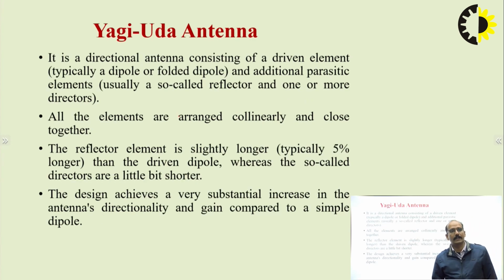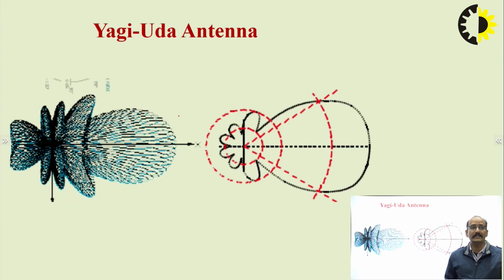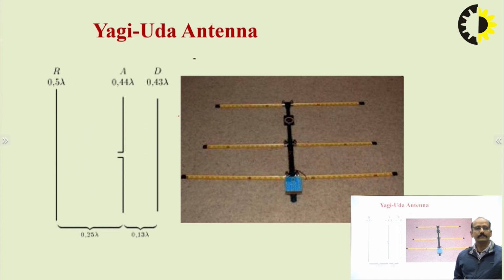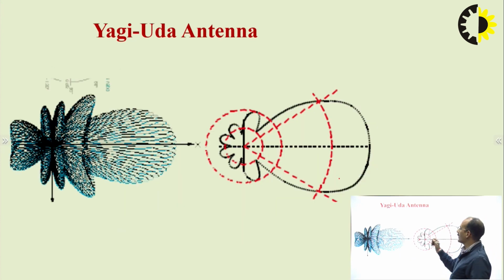Then Yagi-Uda antenna. The Yagi-Uda antenna is again a group of antennas, meaning it is an antenna array. Here you can see that this is the Yagi-Uda. This is the feeding point, this one is the feeder, this one is the director, and this one is the reflector. You will get the radiation in one direction only.